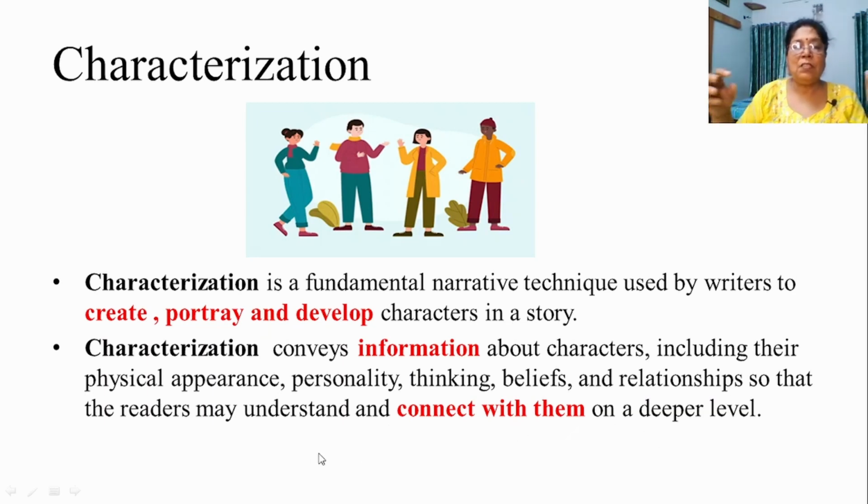This is the motto of the writer, that he is providing information regarding the character, regarding his physical appearance and personality, as well as the mental qualities. He portrays them by using different devices, and the purpose is to make the reader understand the character in a proper manner, so that they may connect with them.